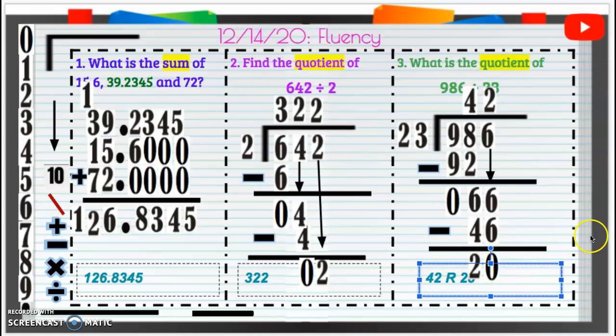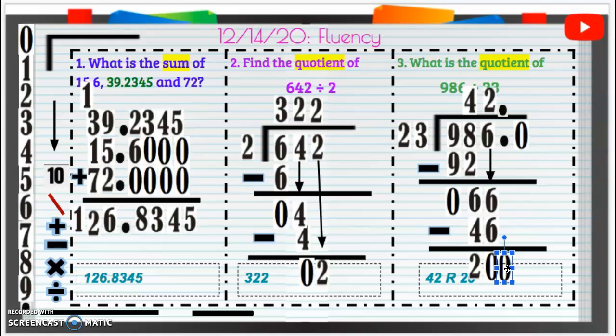Or you can take this further as a challenge if you would like. You can put a decimal with a 0 here and continue with your division. Then that decimal, you would pop it up. So you have 42, then you bring down that 0, and then you do the whole thing again.